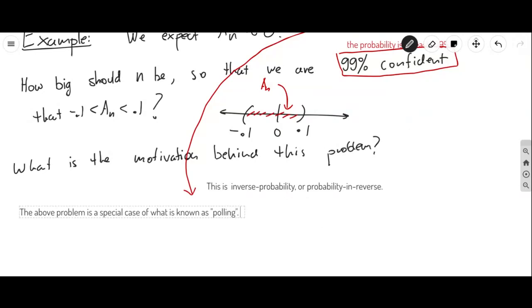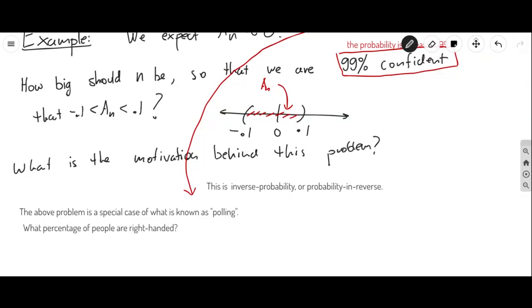And polling is when, and you probably all know this, it's when you want to know what percentage of the population has a certain property. So, for example, you can ask, what percentage of people are right-handed?